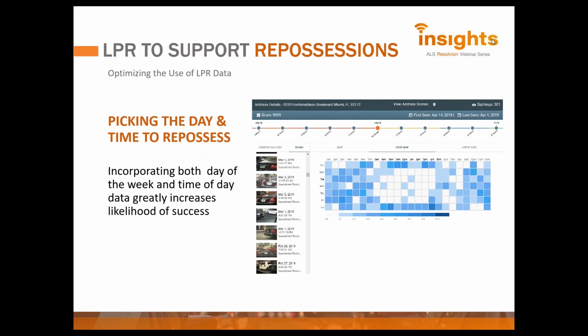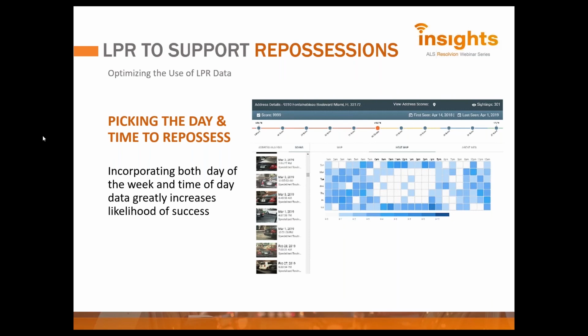This slide's a little hard to read, but it's basically identifying frequency by day of week and time of day. And in today's world, where the agents are really stretched thin and are operating on very thin margins, any information that can help them better allocate their resources is going to make a big difference.